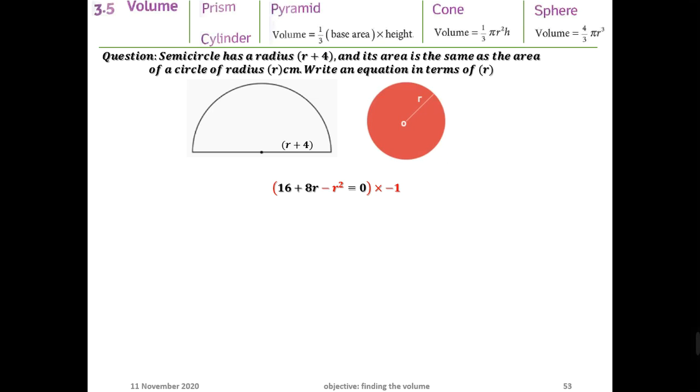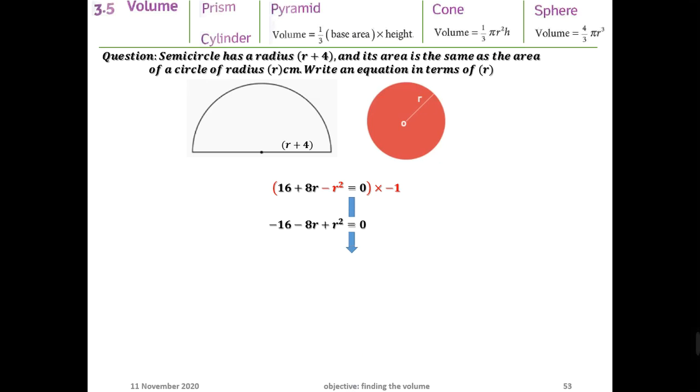Meaning, -1 times 16 is -16. -1 times 8r is -8r. -1 times -r squared is positive r squared. And -1 times 0, anything times 0 is going to be 0. So, that's how it's going to be.